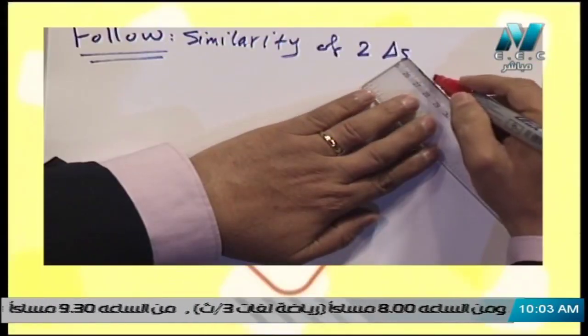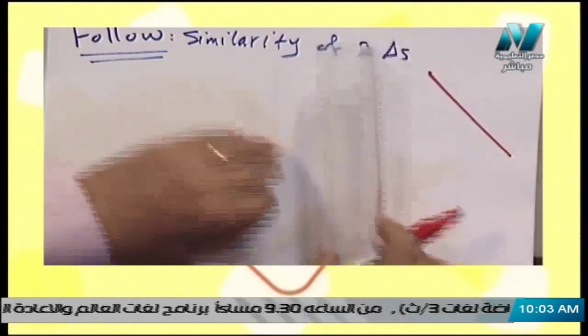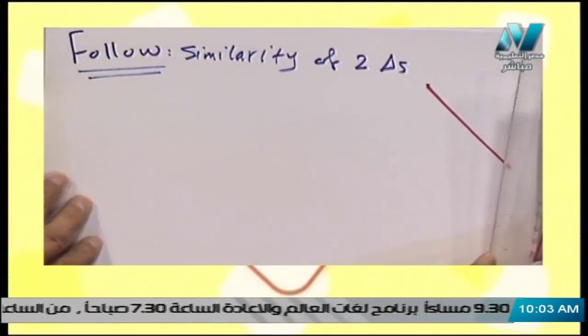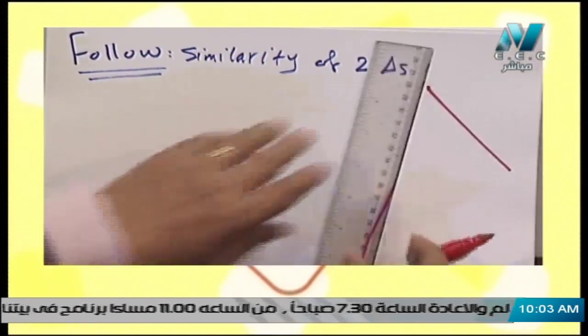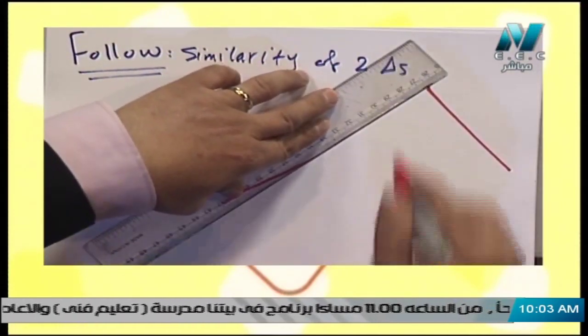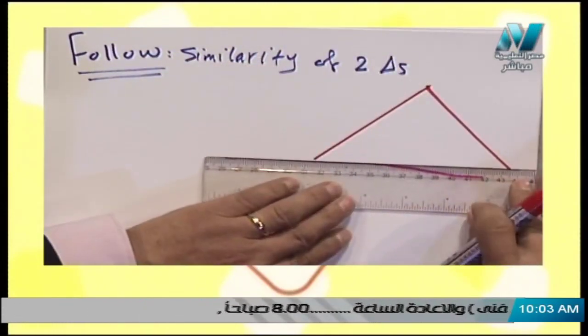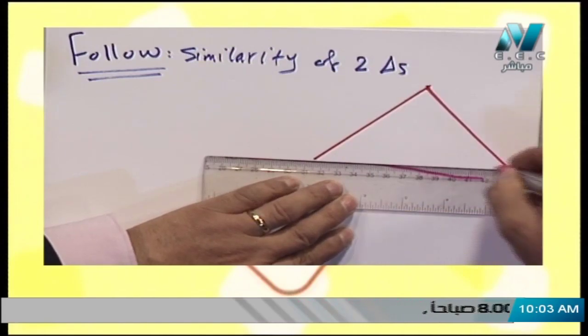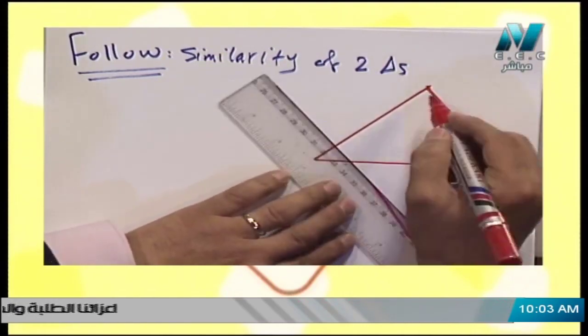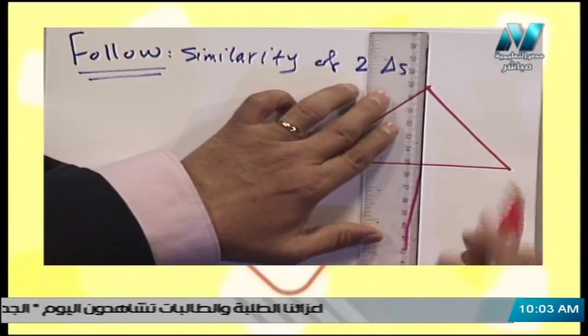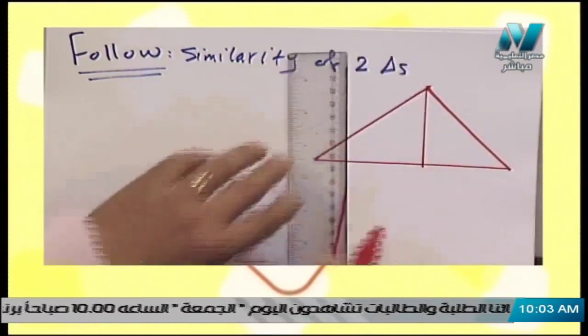Okay, let's concentrate here. If we draw a right angle triangle like that, we have here a right angle triangle, and we will draw perpendicular from right angle.